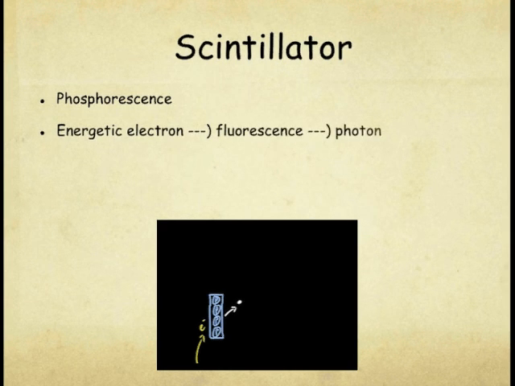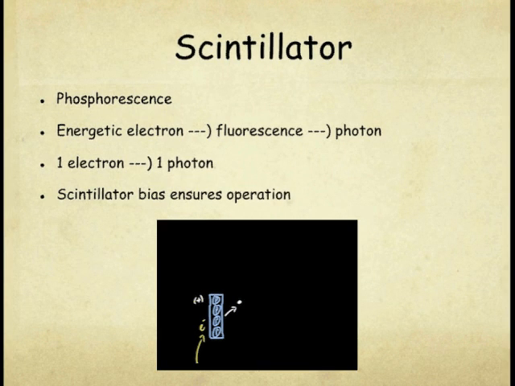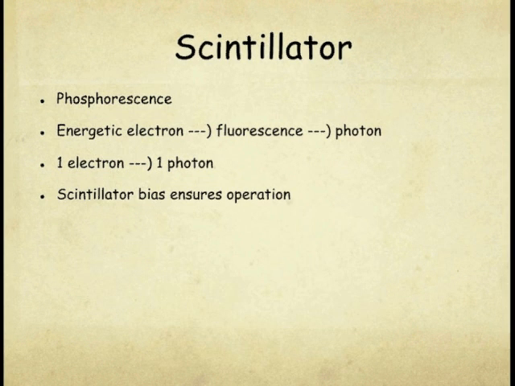For each electron that strikes the scintillator, one photon is emitted on the other side. These electrons are actually accelerated by a small bias to ensure that the electrons have adequate energies before striking the scintillator. Otherwise, the incoming electrons may not have enough energy to cause fluorescence and photon emission.